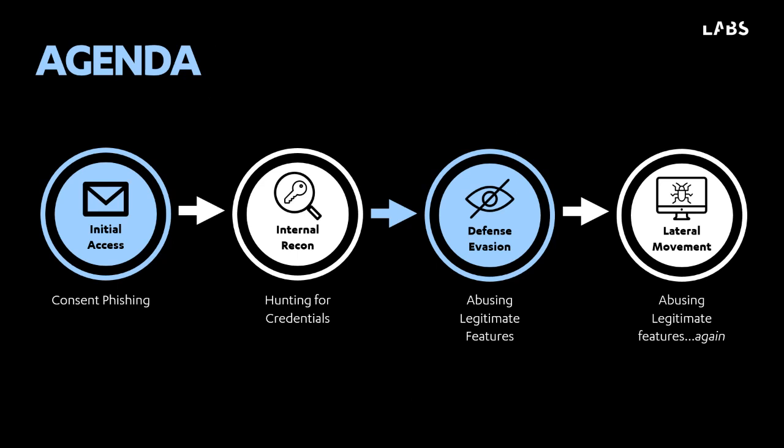And then finally, we'll look at defense evasion and lateral movement. We've combined these two together. What we'll be trying to do here is gain access to sensitive information on a specific target resource, and while doing that, try to evade some of the security monitoring that might be deployed.